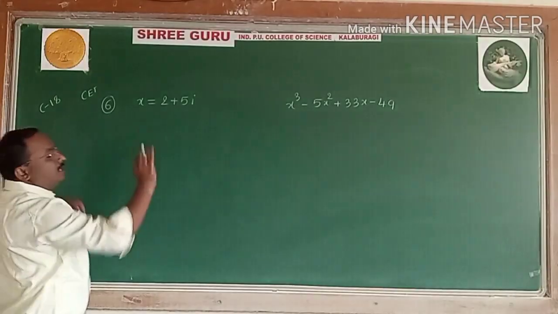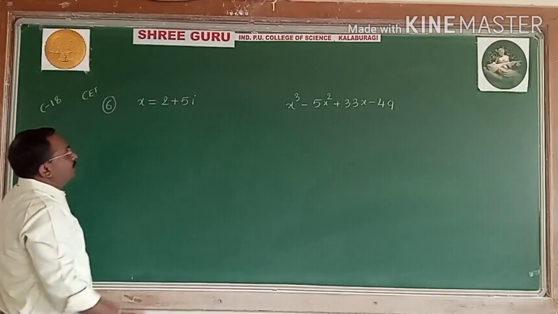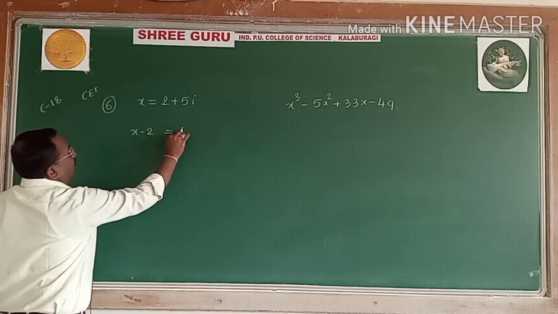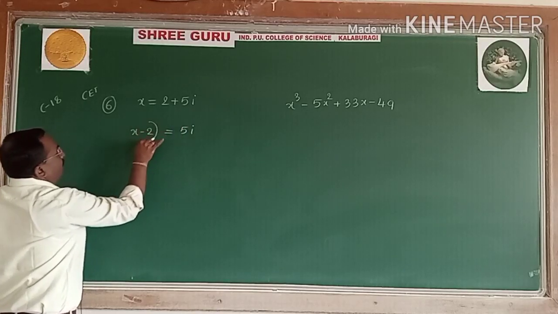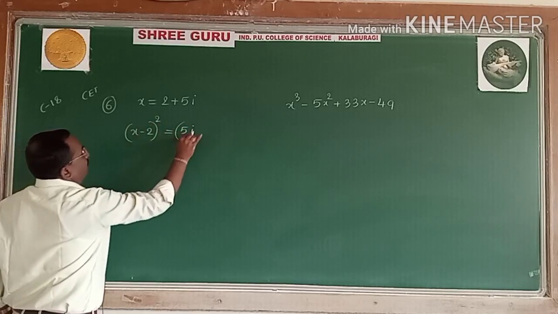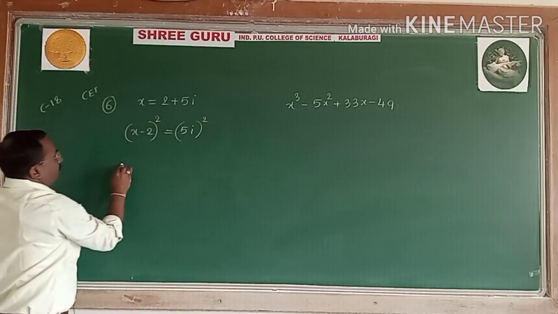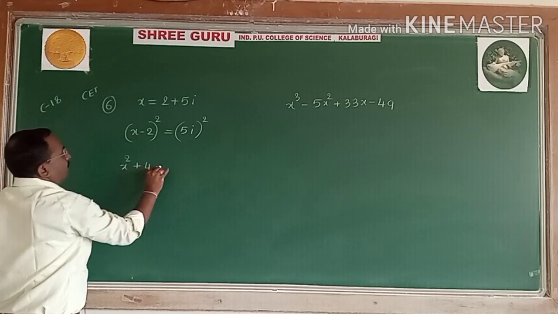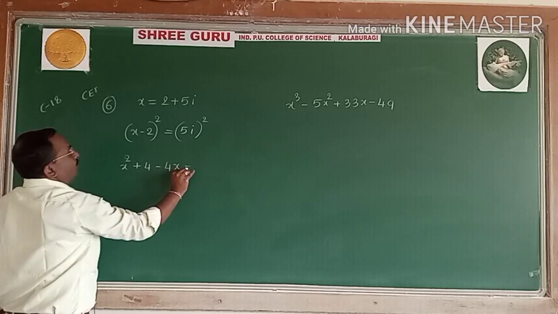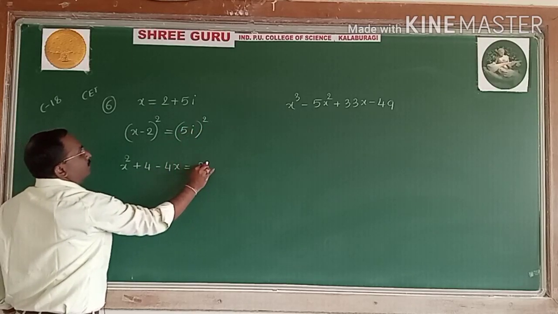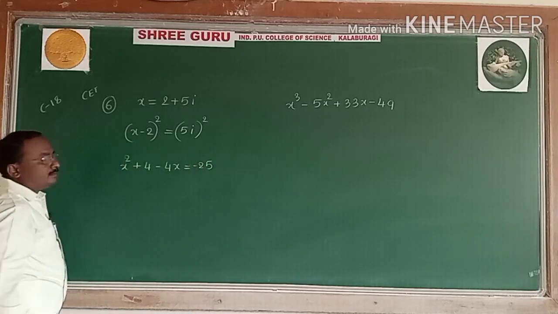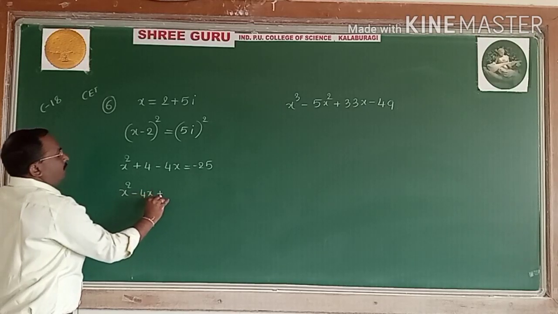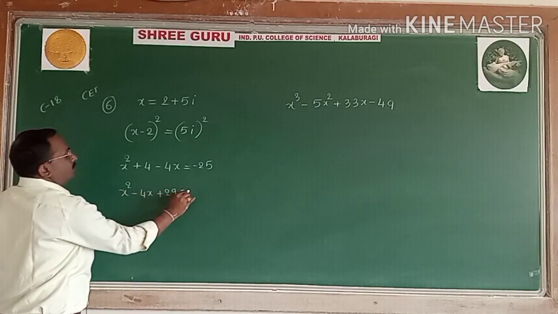First remove the imaginary part. This can be written as x minus 2 is equal to 5i. Square on both sides: a square plus b square minus 2ab is equal to 5 square, which is 25, and the i square value is minus 1. So x square minus 4x plus 29 is equal to 0.